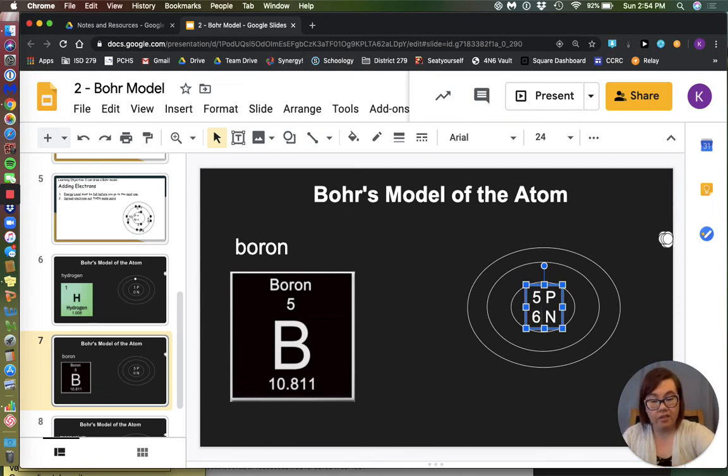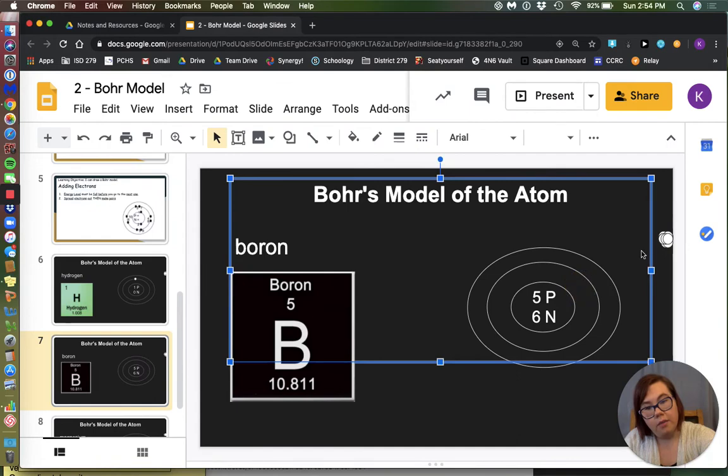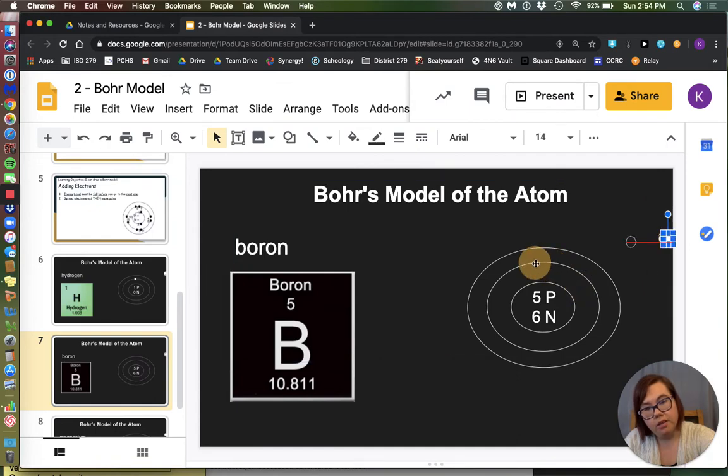And I had 5 protons, so I'm going to draw 5 electrons. I'm going to start off with my 2 that will fit in my first energy shell. 1, 2, and if I'm looking for 5 total, I have 3 electrons left. So I'm going to go 1, 2, and 3.